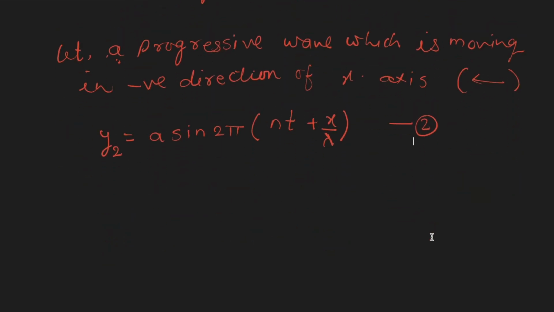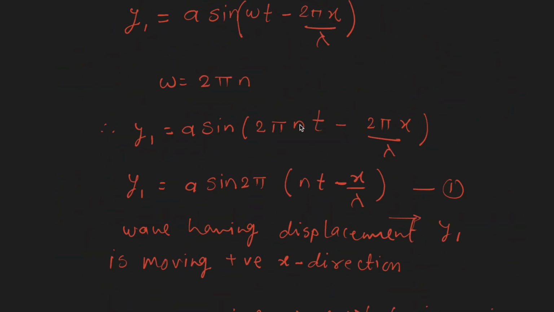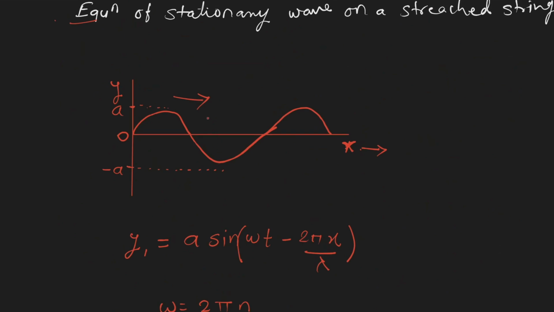This equation shows that the wave is moving in a negative direction of x-axis. We know this is the direction of x. Okay, this is the direction of propagation of wave.